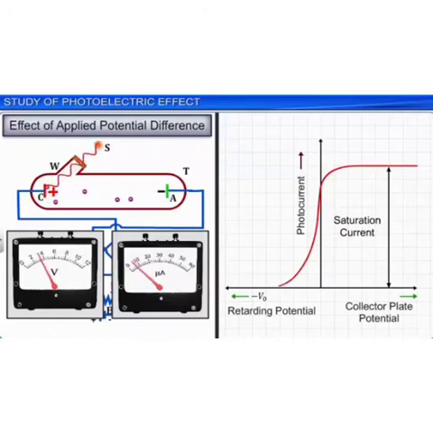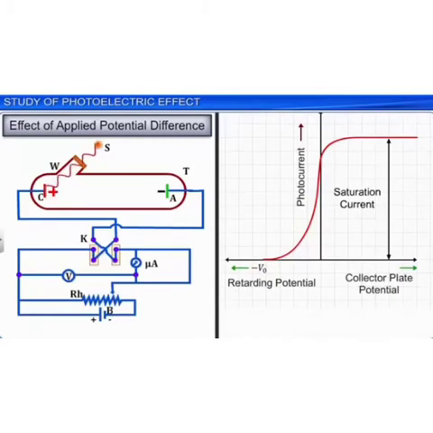As you continue to increase the retarding potential, at a particular voltage −V0 applied to the anode, you will notice that the photoelectric current becomes zero. The minimum negative potential V0 applied to the anode for which the photoelectric current becomes zero is called the stopping potential or cut-off potential.